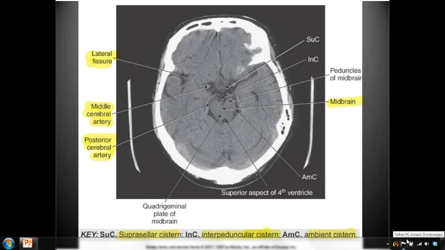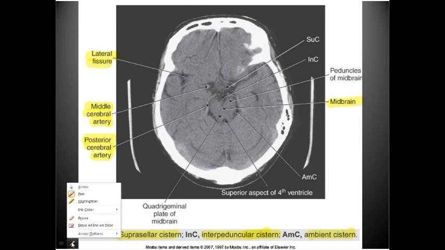Okay, on this image, let's get a few things out of the way. We have the frontal bone. Frontal bone here. Going through the base of the skull, we have basically the circle of Willis here, kind of a star-shaped pattern.